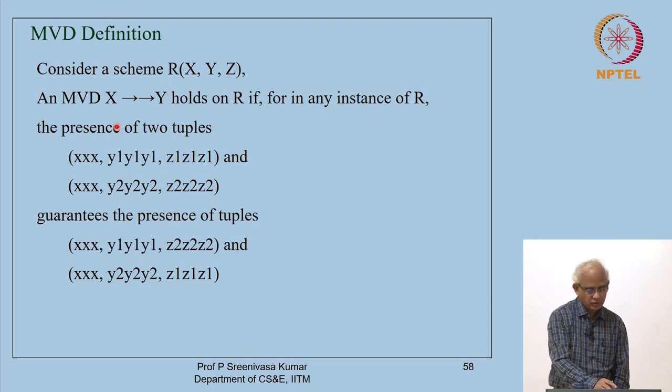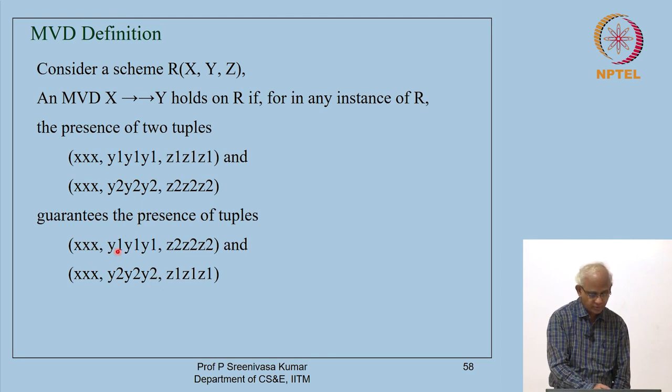The MVD X multi-determines Y is said to hold on R if for any instance of R, the presence of two tuples like x y1 z1 and x y2 z2, that means the x values are the same, but y and z are not necessarily the same, guarantees the presence of the other tuples.